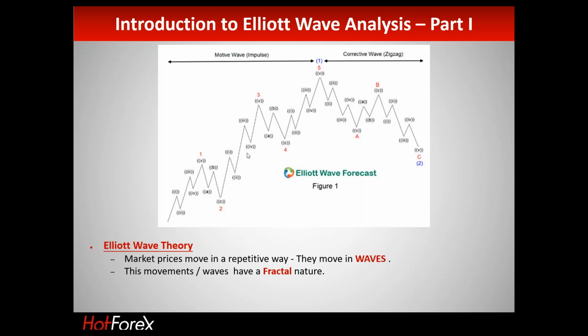So what I mean by a fractal is structures that repeat themselves infinitely. So Elliott actually discovered that stock trading patterns were structured in the same way, so they have a fractal nature.